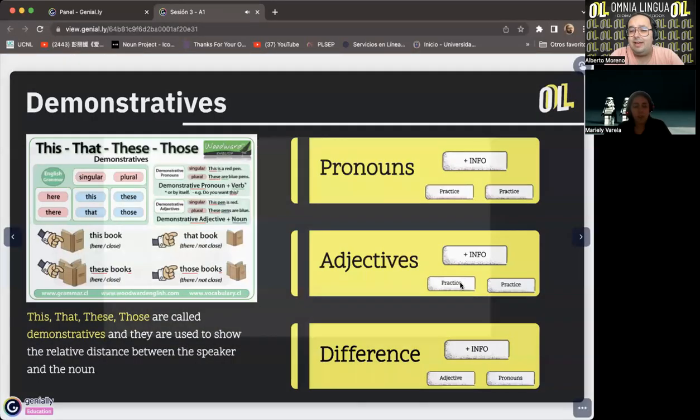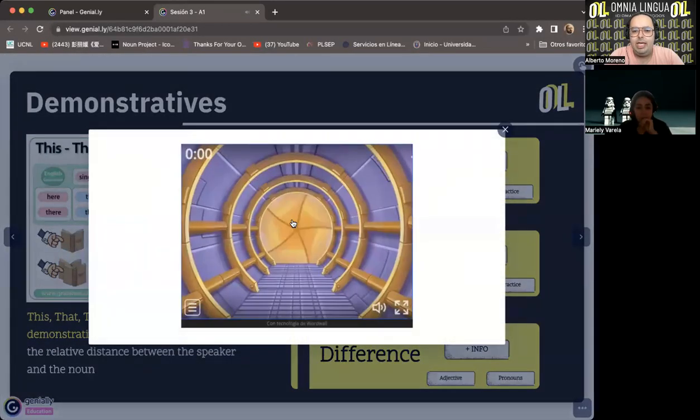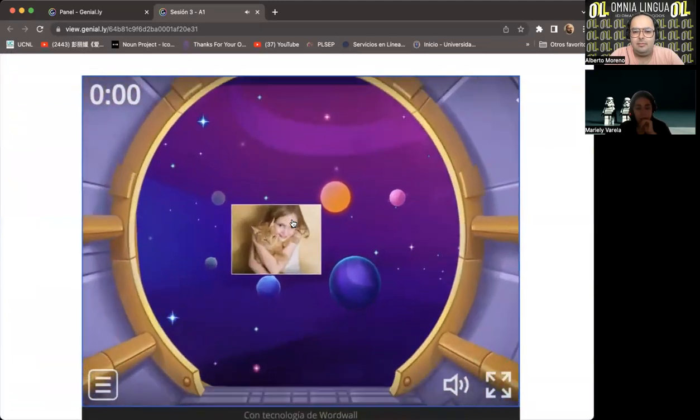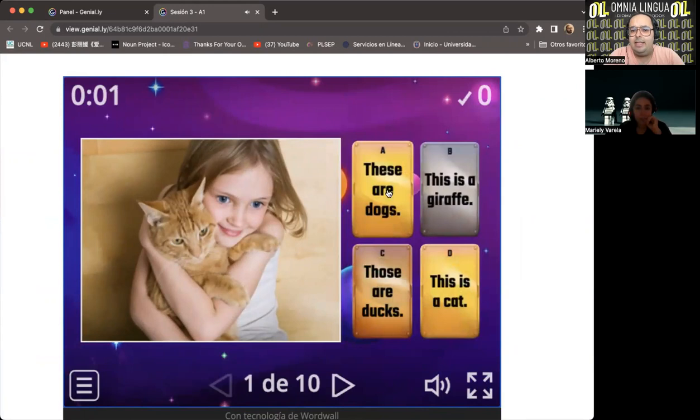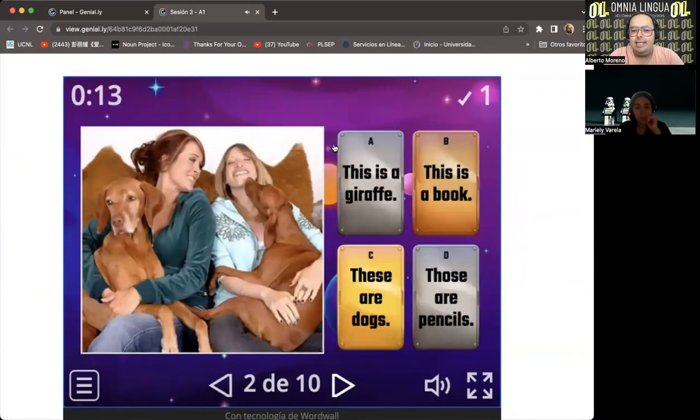Now the demonstrative adjectives. We have in here, which is the right answer? These are dogs. This is a giraffe. Those are dogs, or this is a cat. This is a cat. Very good. This is a giraffe. These are dogs, pencils, or books.